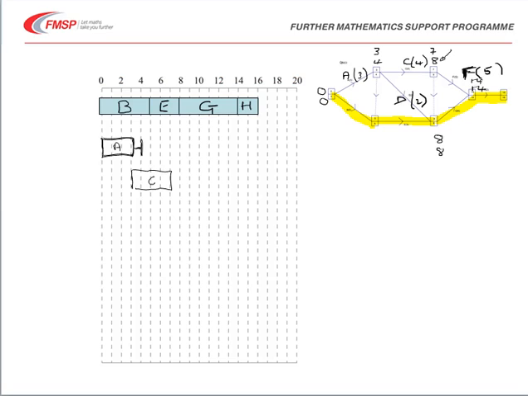So there's again a float time of 1 day in here. D again can start as early as 3. This time it's only 2 days long, and it must also finish by 8. So a much larger float for D.